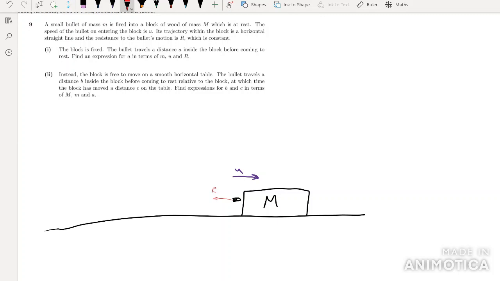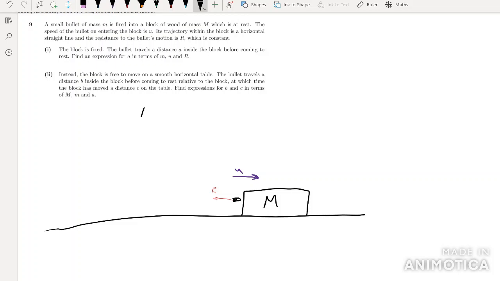This first part is not really worth very many marks at all. What have we got? We've got a fixed resistance to motion. And so, to be honest, we can do whatever we want. We can use SUVAT, or we can use energy considerations. Either one will work. I'm just going to use energy considerations.